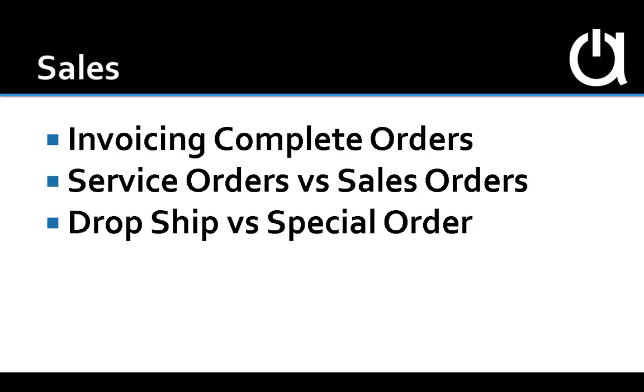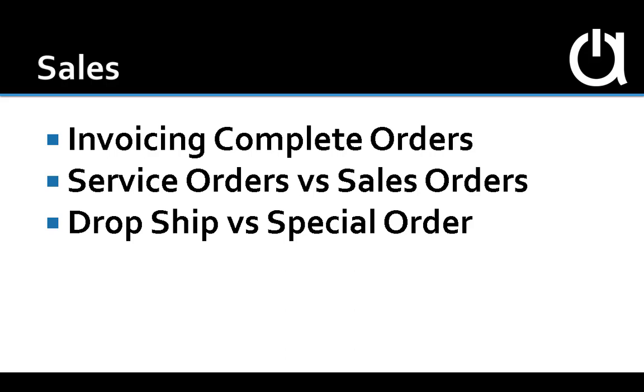And then on the same topic, they also asked, is there a way to combine dropship and special order items on the same purchase order? There is not a way to combine dropship and special order due to the warehouse restrictions and the need to have different ship to locations, whether you're drop shipping or special ordering for a customer.